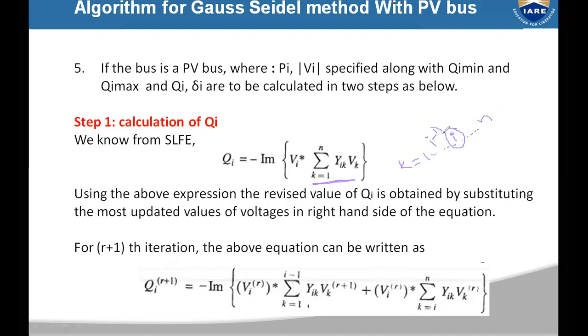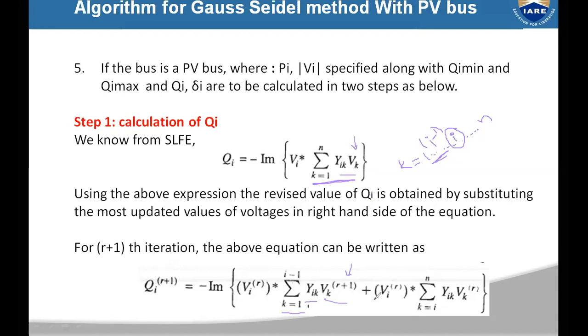So you do the first sum from k equals 1 to i minus 1 of the same term Y_ik into V_k at the (r+1)th iteration. This V_k is the (r+1)th iteration value you have to update here.